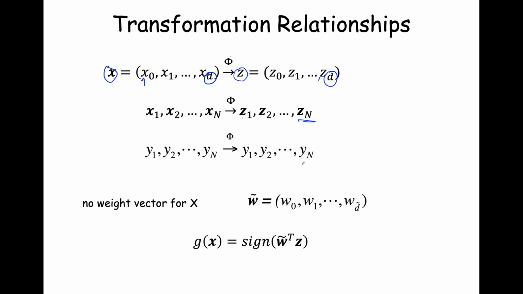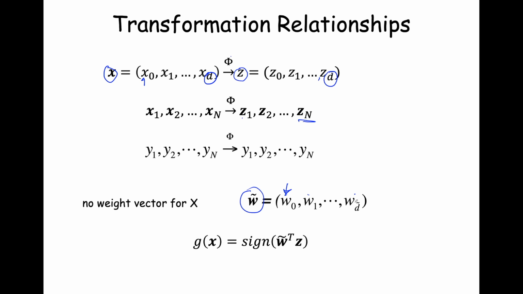Okay, and in this, of course, there's no weight vector for the input space representation. The weight vector that we're learning is in z space, our w tilde. And so w tilde is of rank d tilde plus 1. So we have that w0, that doesn't change, that dummy variable that absorbs the threshold. We have w1 through w d tilde.